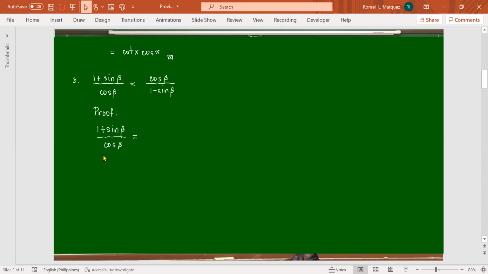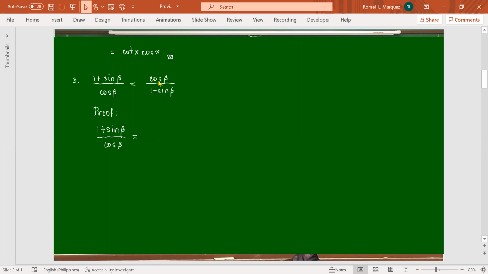We want to express this in terms of a quotient also involving cosine and sine. So meaning we cannot do something about this, no? We don't have that direct identity that will convert this into this form because this right side is already in terms of cosine and sine. So let's see what we can do about this.